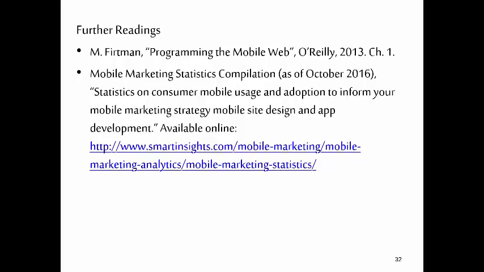So it is quite interesting to see how this is changing. And also, if you look regionally, you can see how the market is changing so rapidly.